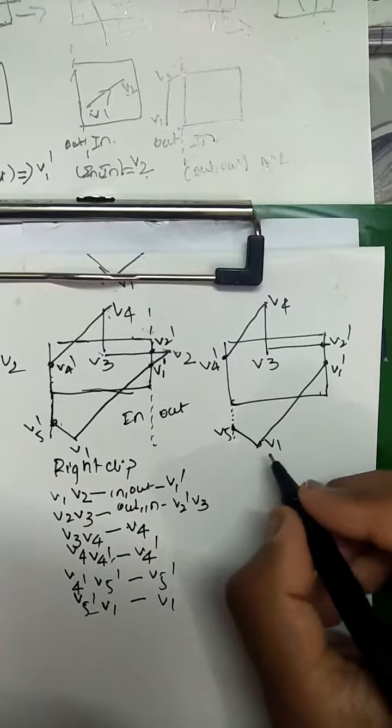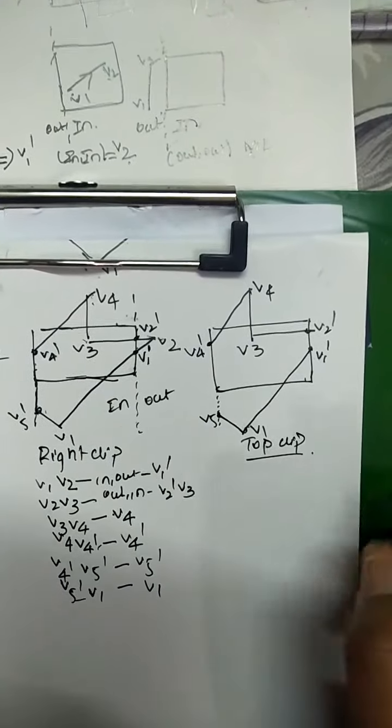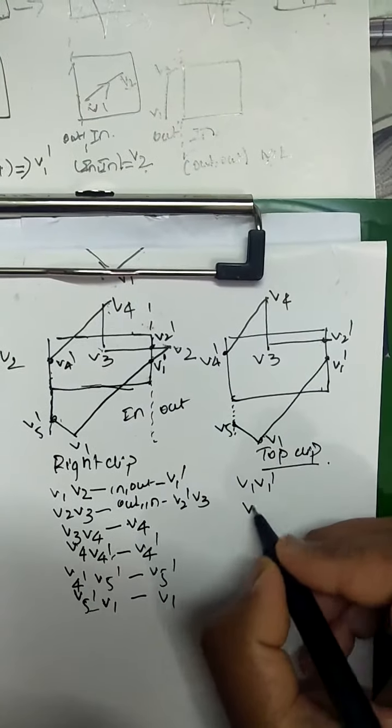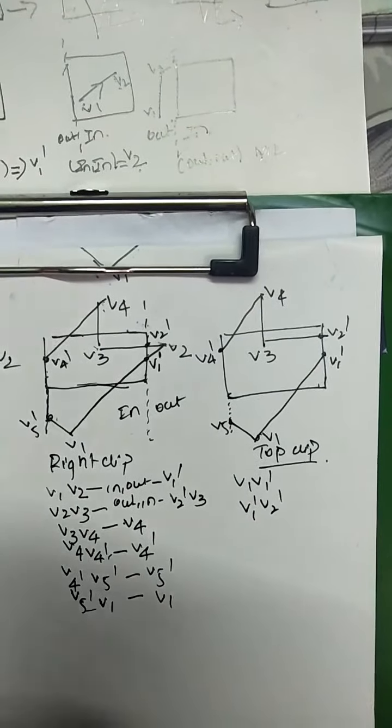So on this I have to perform the top clip now. Consider all the edges now. v1, v1 dash, v1 dash, v2 dash. There's a logic in order to write the edges.